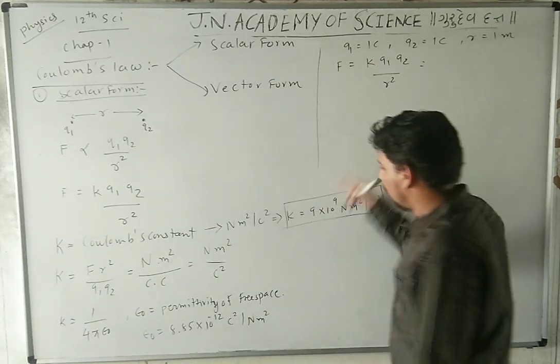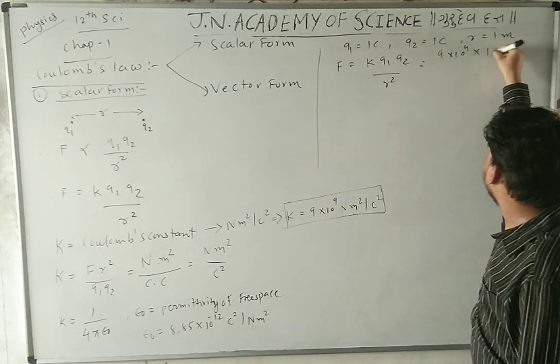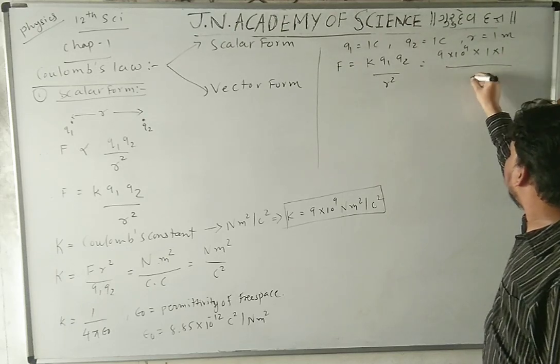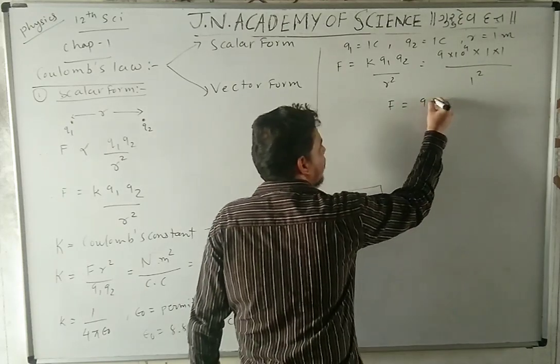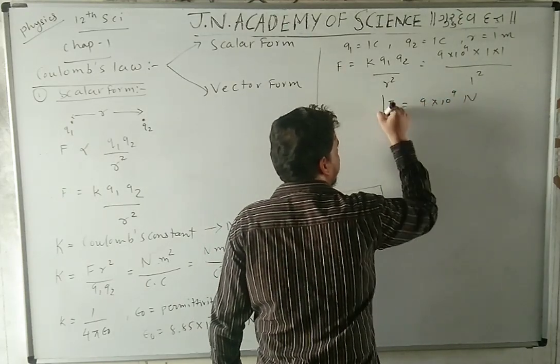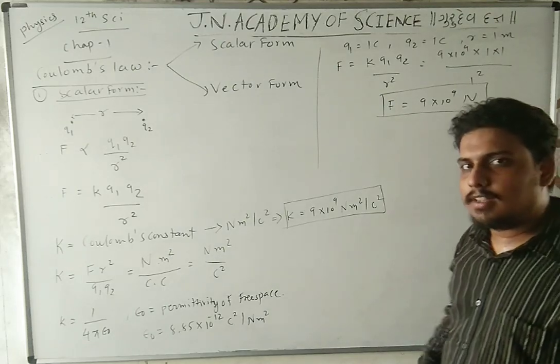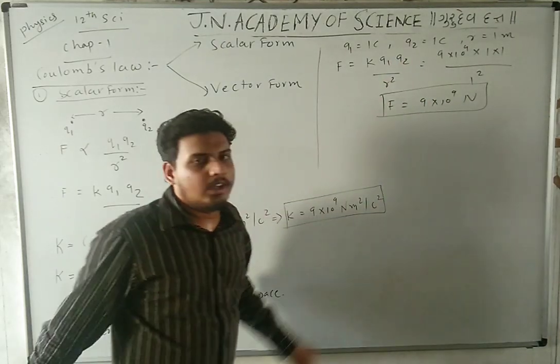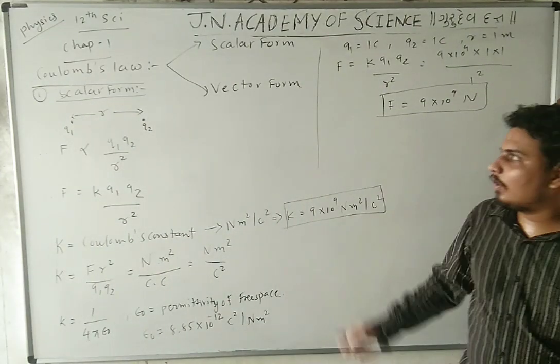Then K is 9 into 10 to power 9, q1 is 1 and q2 is 1, divided by r square, 1 square. So F will be 9 into 10 to power 9 Newton. This will be the force when we consider unit distance and 2 unit point charges. So this is how we can represent the scalar form.